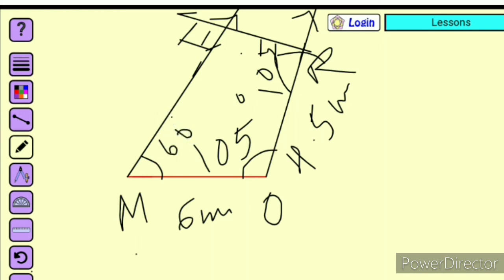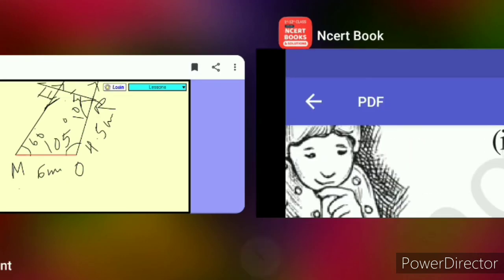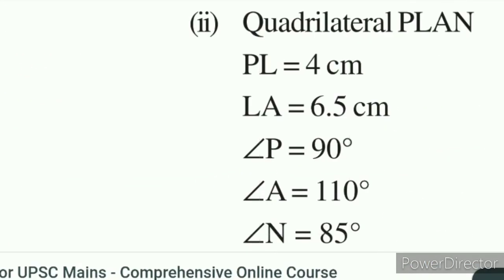This is our required quadrilateral MORE. Got it, children? This ME ray you can extend and construct the quadrilateral. Till this is enough. Next problem I am going to give as homework. Okay, thank you.